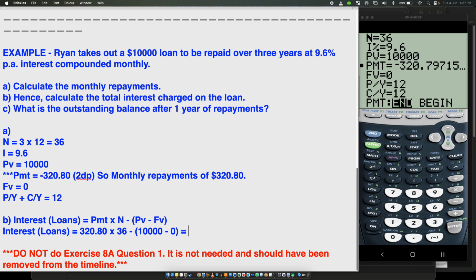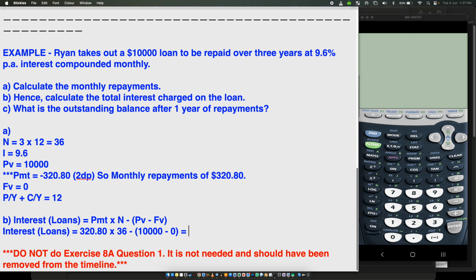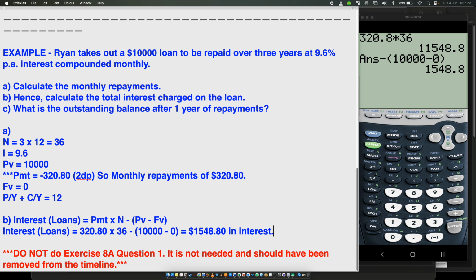So he paid off all of his debt with that. So, go to the calculator: 320.8 times by 36, take away the 10 grand. So he paid $1,548.80 in interest on a loan of $10,000.